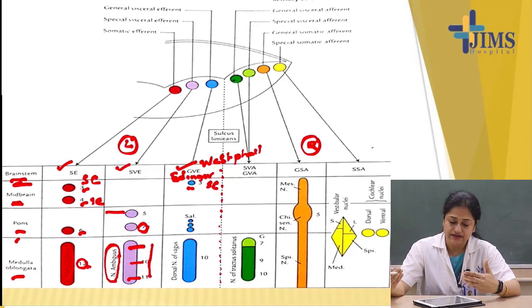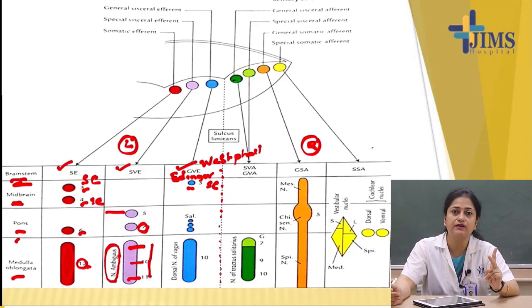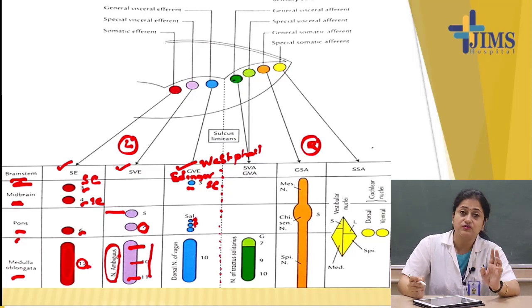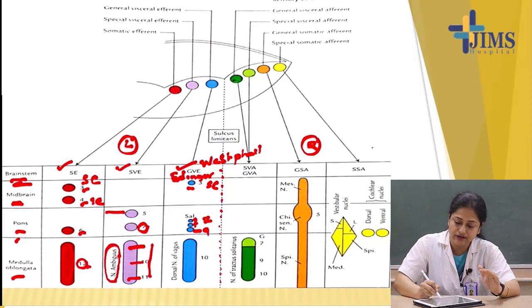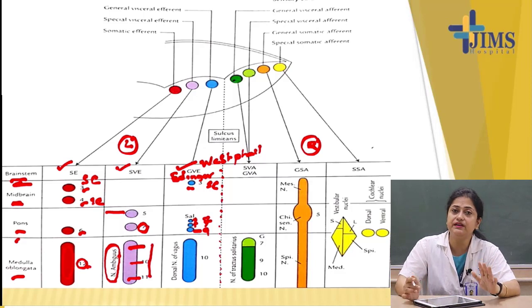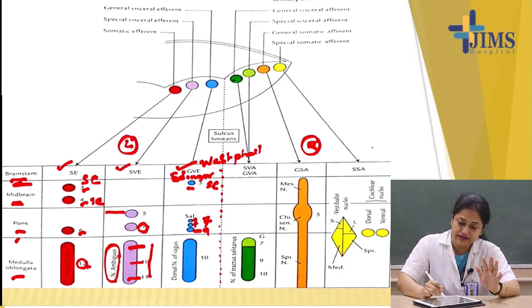Next is 7, that is the facial nerve. Now the facial nerve I said was connected to 2 ganglions. One was the submandibular, another was the pterygopalatine ganglion. Now this is the nucleus. So 7, and after that was the 9th nerve, and this is the 9th. The upper 2 nuclei in the lower part of pons that you can see are for the 7th nerve, the facial nerve, and that nucleus is called the superior salivatory nucleus.